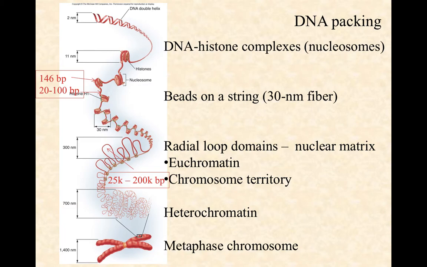So heterochromatin is a way for a cell to shut down certain regions of its chromosome, but also to package it even tighter and even wider, ultimately for the process of cell division. Ultimately what you see here is the metaphase chromosome that's 1.5 micrometers, the size of an E. coli all the way across.